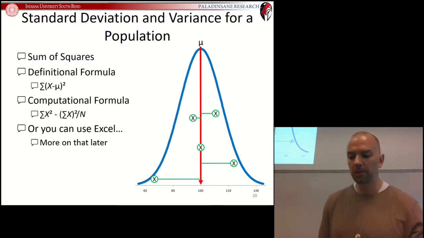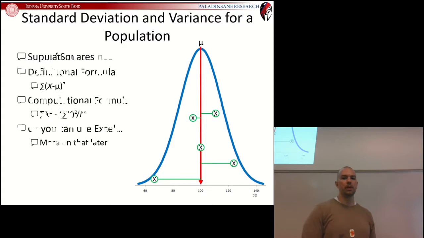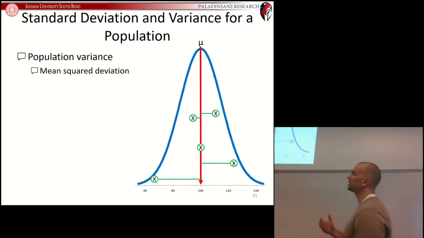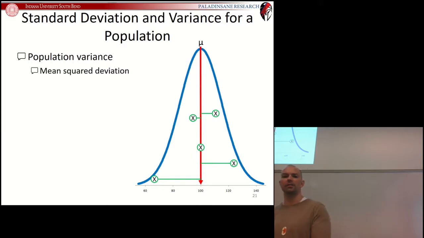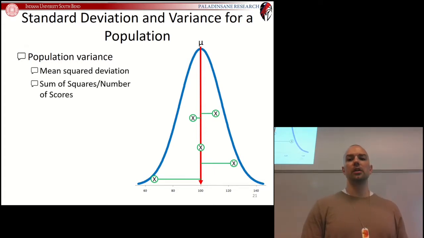All right, so we took these deviations. We squared these deviations. We summed up these deviations. Now we want to find out the average squared deviation, and that's where we get the population variance. So population variance is the mean squared deviation. You have all these squared deviations. What's the average? What's the mean? So it's literally just the sum of the squared deviations divided by the number of scores.